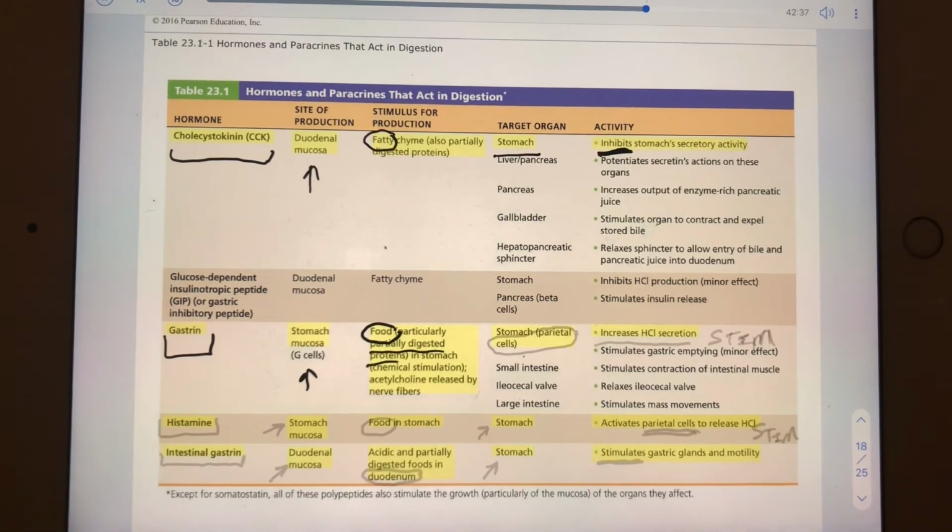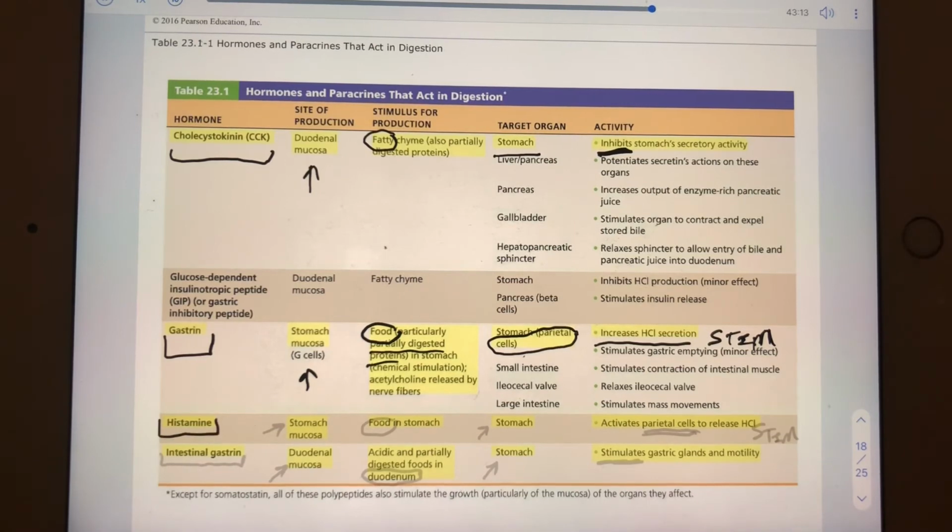Partially digested proteins will stimulate the release of gastrin. Distension will stimulate the release of gastrin in the stomach. Specifically, the portion of the stomach that's targeted are the parietal cells, and gastrin is stimulatory. It increases HCl secretion, okay?